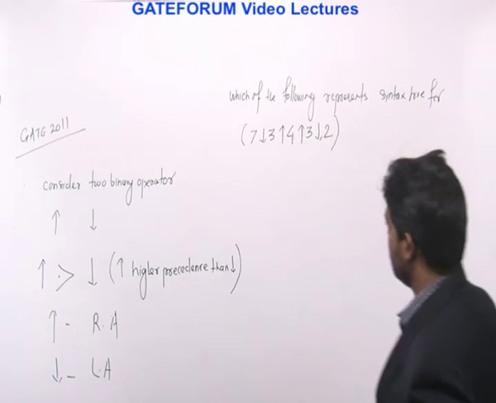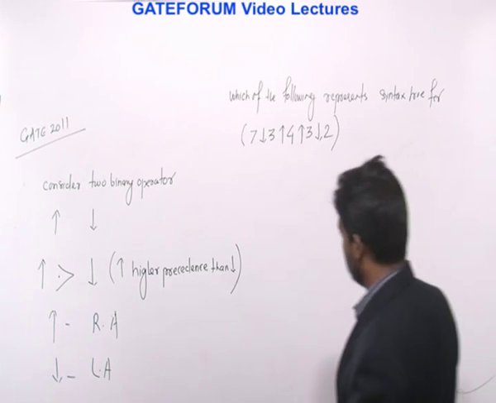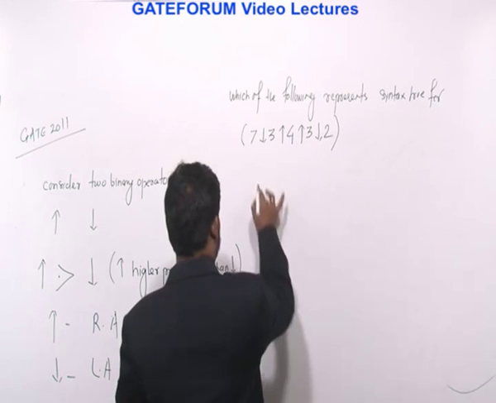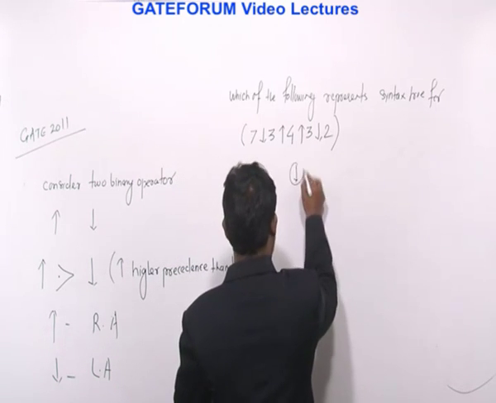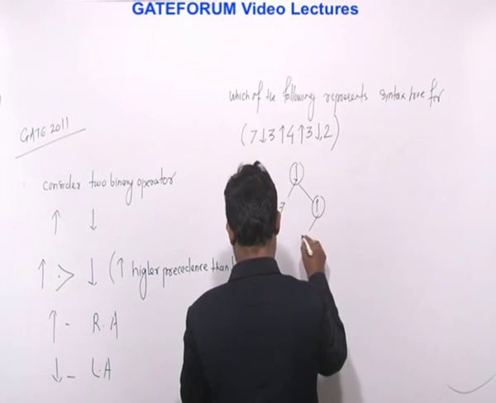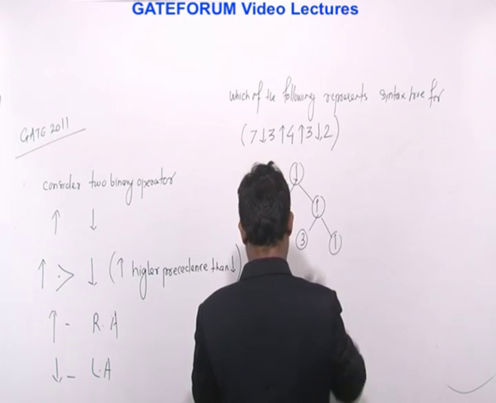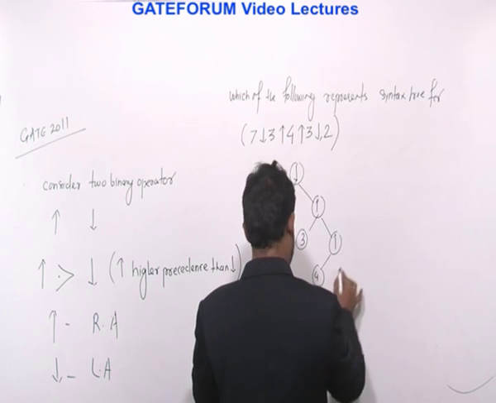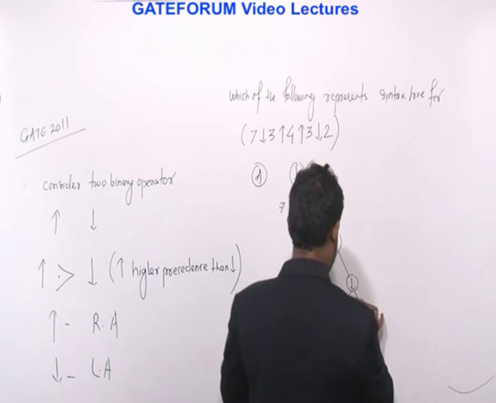Okay, this is the expression, and we have options. Let me draw all the options. We have: down arrow 7, up arrow 3, up arrow 4, and then down arrow 3, 2.